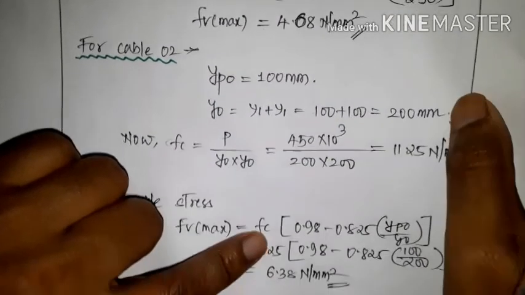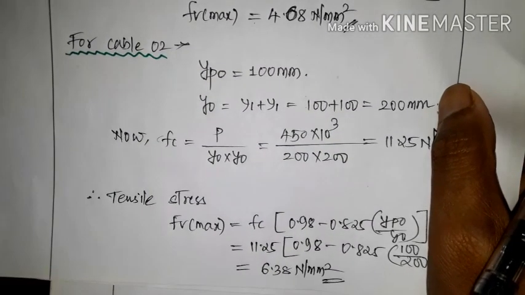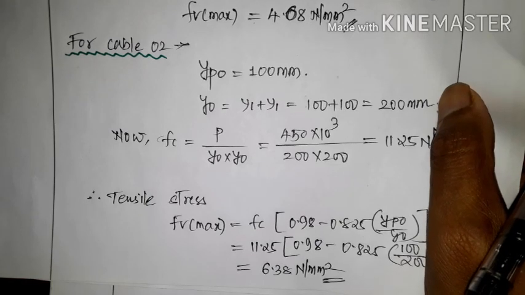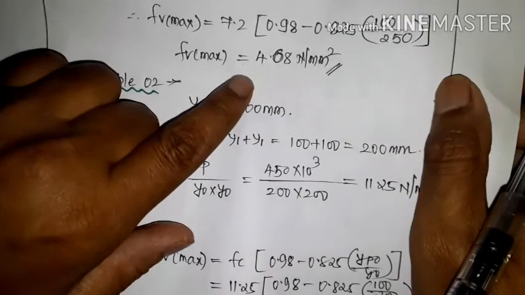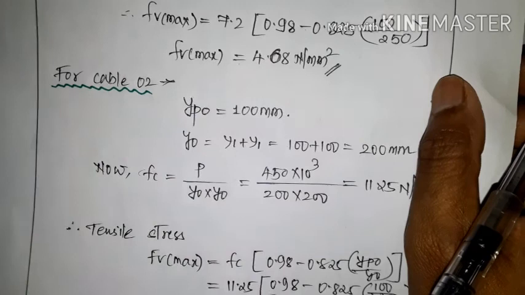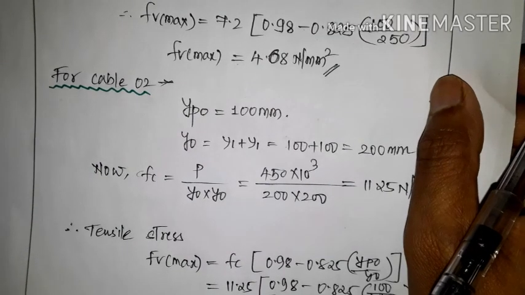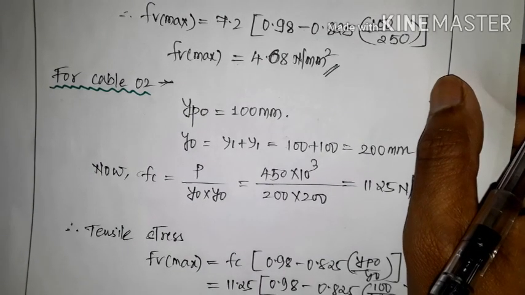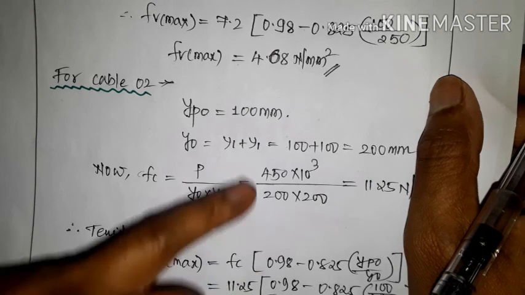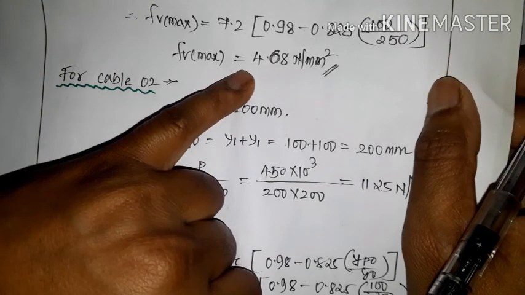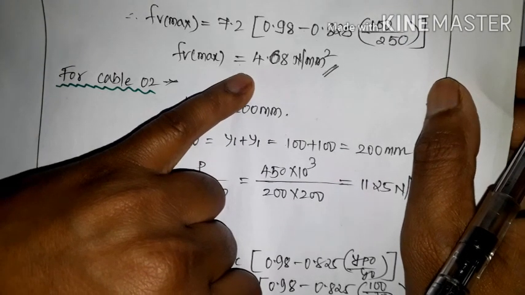A straight cable can develop a maximum tensile stress of 6.38, but the same cable in a parabolic form takes only 4.68. So there is an increase when you provide a straight cable, but a reduction when you provide the profile of the cable as parabolic.